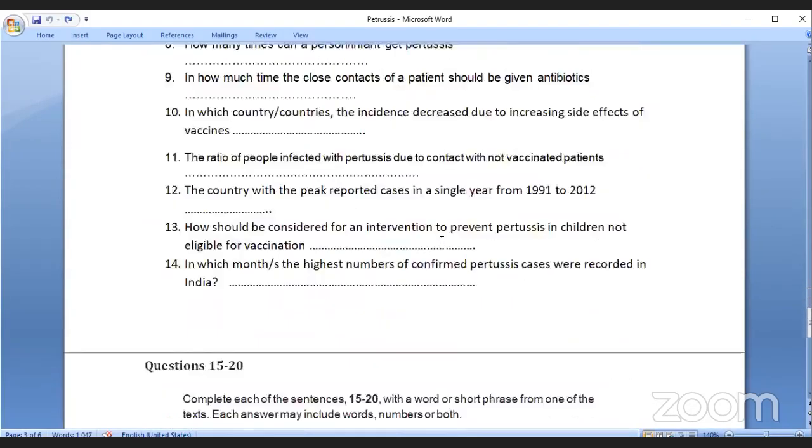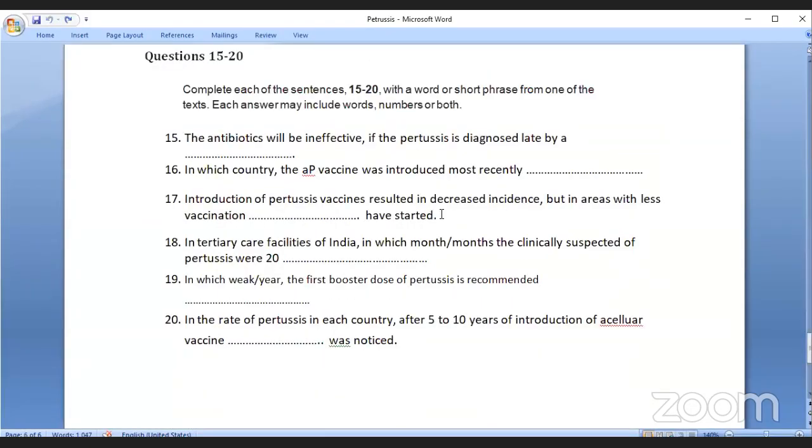Now the next question. Introduction of pertussis vaccine resulted in decreased incidence, but in areas with less vaccination, dash has started.